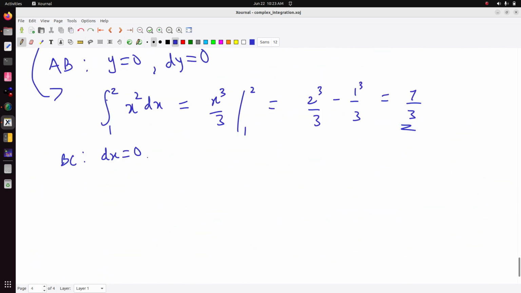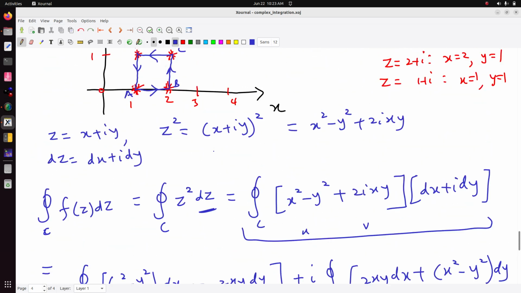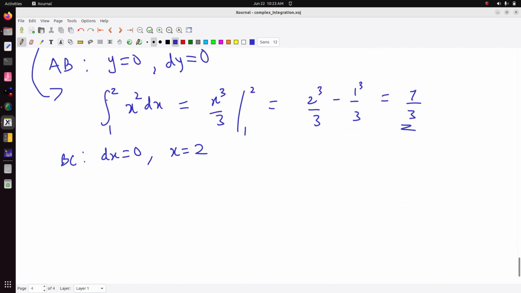So the limit of integration for x at that point, dx is 0, but x remains the same. Okay, so x is just 2. It remains the same. X at point B is 2, x at point C is 2. So dx is the difference, which is 2 minus 2, which is 0.